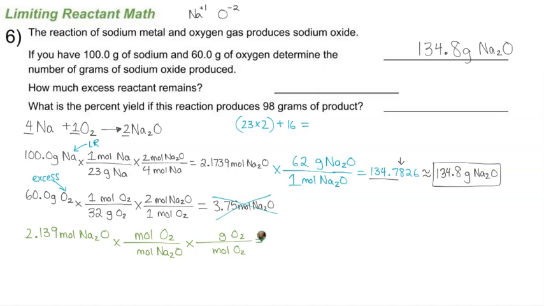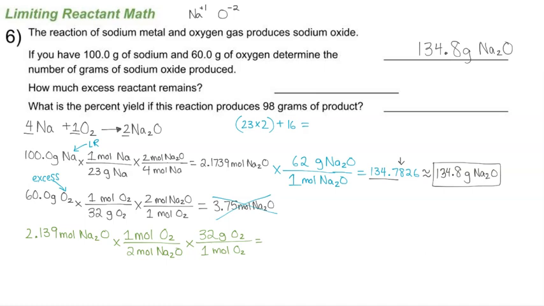Figure out how much is used up. So in our reaction we have 1 mole of O2 in our balanced equation and 2 moles of Na2O. And then we know that 1 mole of O2 is equal to 32 grams. We already used that molar mass once. And so we just calculate this out here.